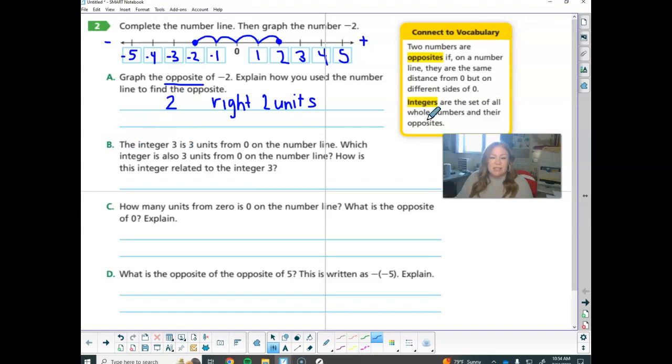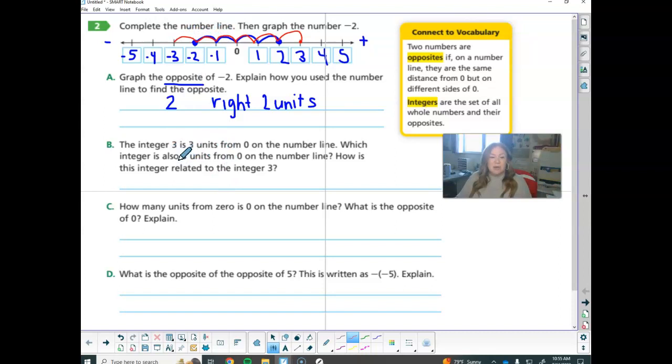B tells us that the integer, remember that's just a whole number, positive or negative. So the whole number integer 3 is 3 units from 0. 1, 2, 3. Which integer is also 3 units from 0? So if we have 3 units from 0, 1, 2, 3, what's another number that's also 3 units from 0, but not just 3? Going the other way, 1, 2, 3.